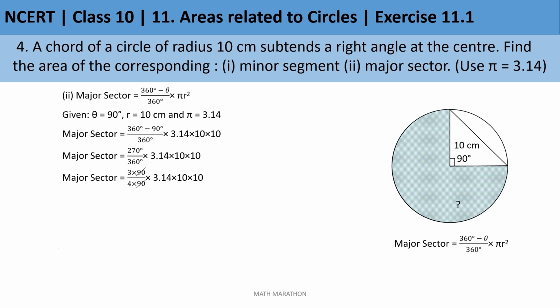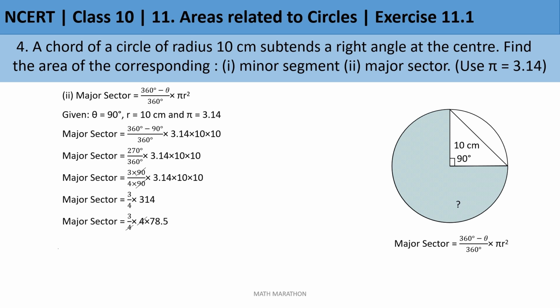In numerator, we have 90. In denominator, we have 90. We can cancel out 90. 3.14 multiplied by 10 multiplied by 10 is equal to 314. In numerator, we have 4.